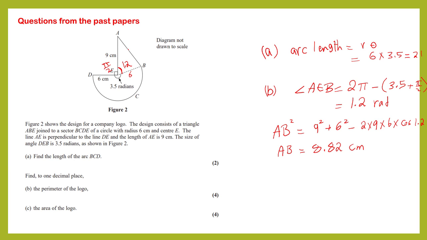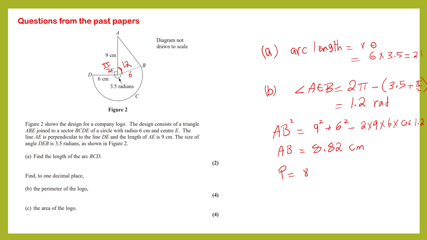Now you have the length of AB, you have the arc length, you have the length of the radius, and you have the length of AE. So you can get the perimeter. The perimeter is the total length of AE, ED, BCD arc length, and AB. So let's add them together to get the perimeter.